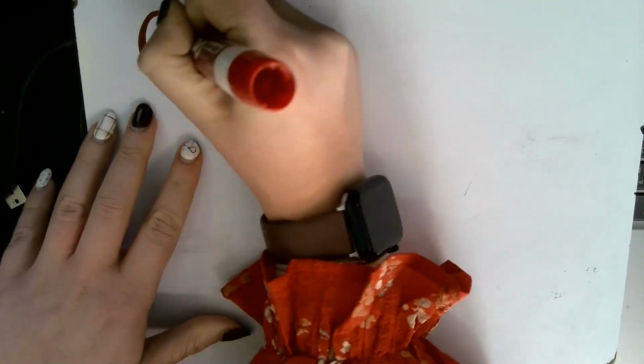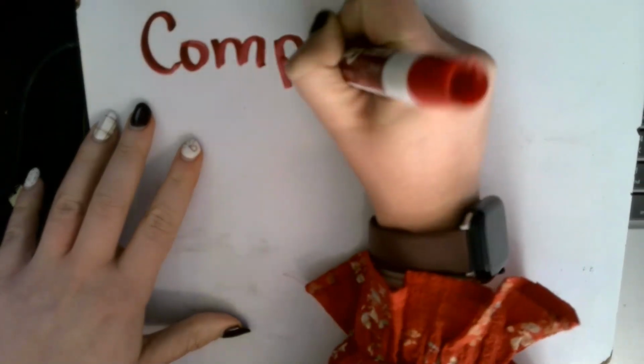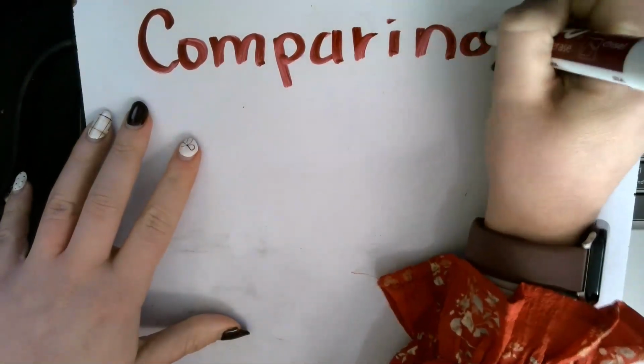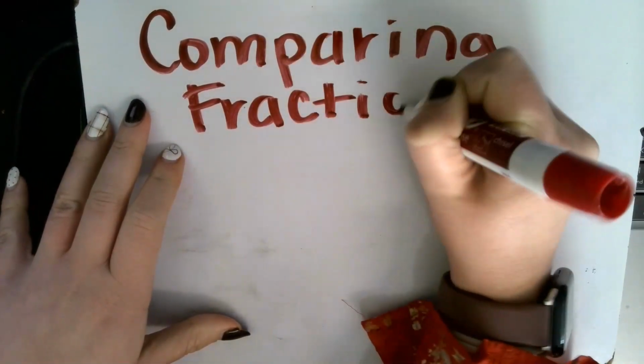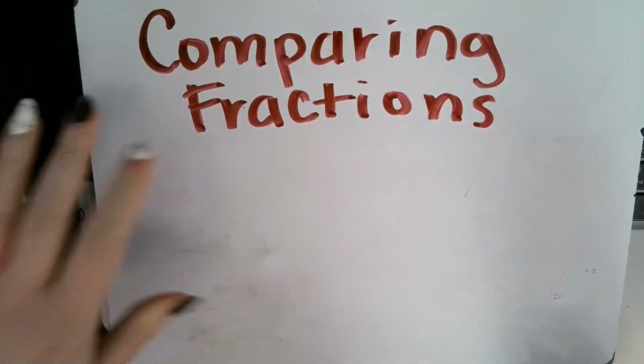All right. I'm going to introduce a new skill to you guys about comparing fractions. Now, when we're comparing fractions, let me go ahead and write that. Comparing fractions. It's important to remember something called, this is what we're going to really focus on today, okay?